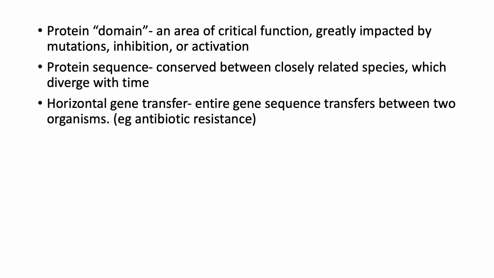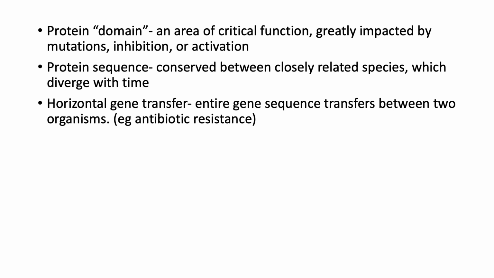The protein domain is an area of critical function which is greatly impacted by mutations in inhibition or activation. I discussed, for example, hemoglobin, which has a specific domain where mutations can impact that site or critical import, and we'll be talking about hemoglobin at some future point.